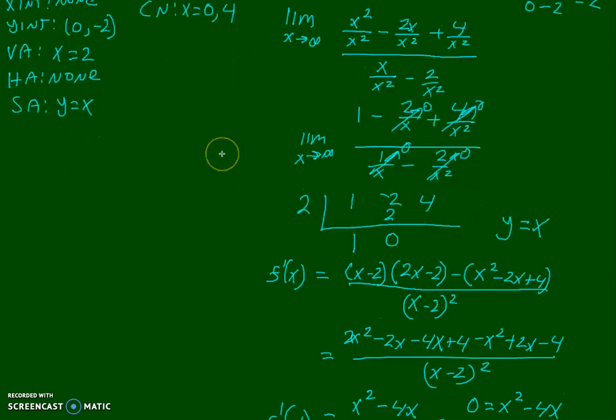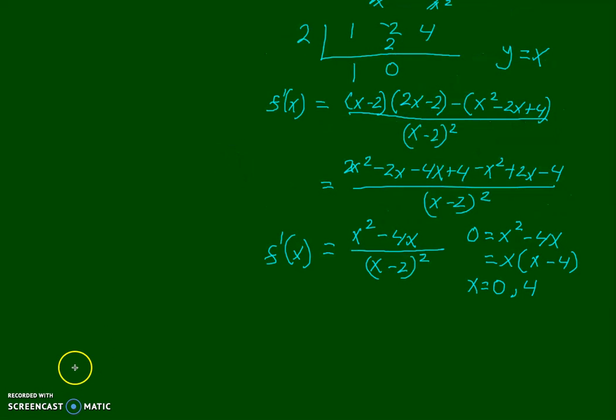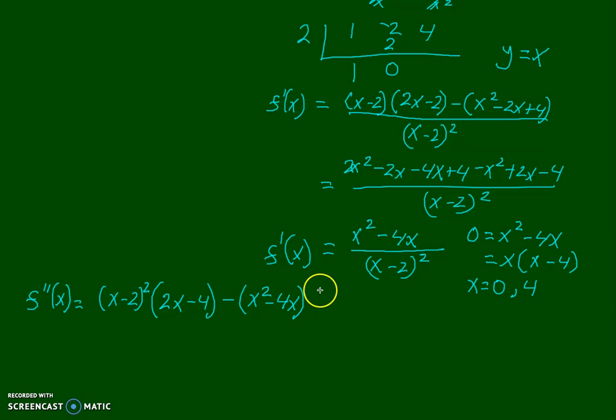All right. Now let's go ahead and take our second derivative. So we're going to be using the quotient rule, so we'll need a little space. So I'll start it over here, and f double prime of x equals low, x minus 2 squared, d high, 2x minus 4, minus high, x squared minus 4x, d low, and this is going to be chain rule, times the derivative of the inside is just 1.